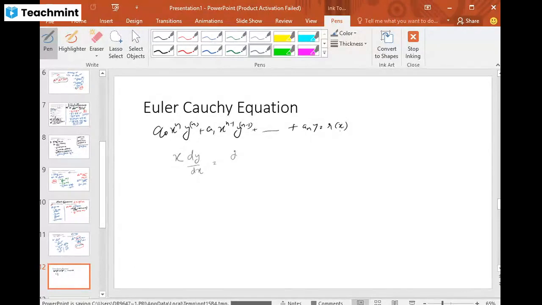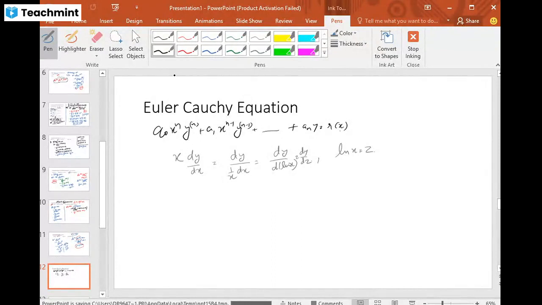I can write it as 1 upon x dx, and 1 upon x dx can be written as the derivative of log x. So if I assume log x as some variable, say log x equal to z, then this is nothing but dy by dz.